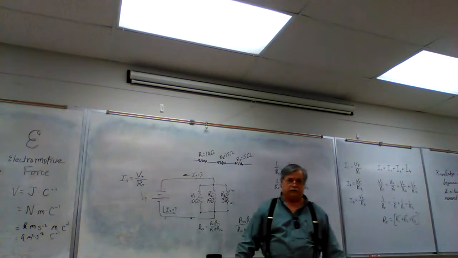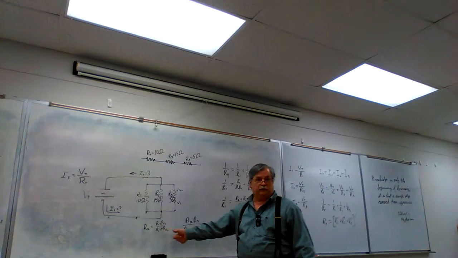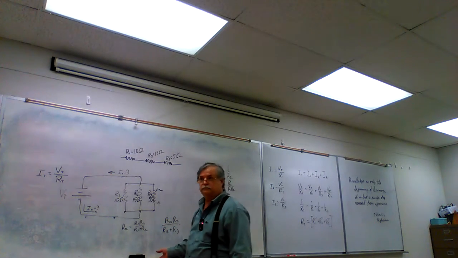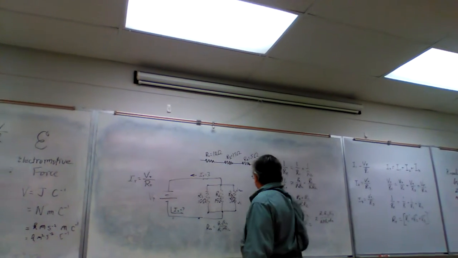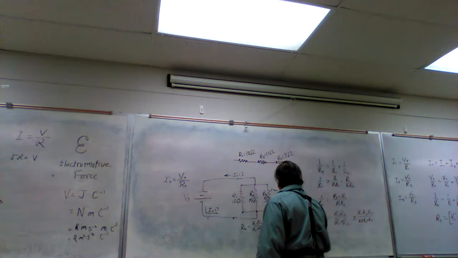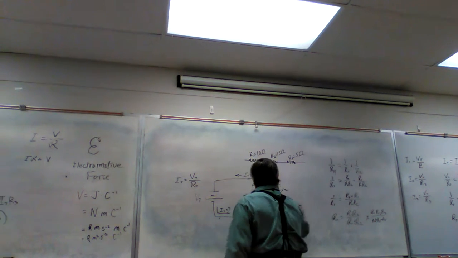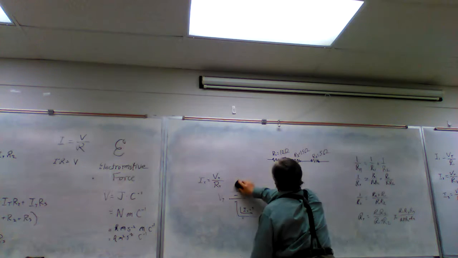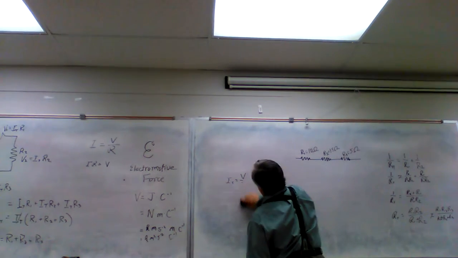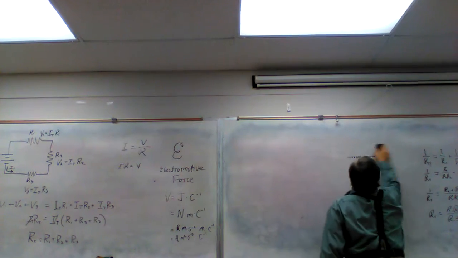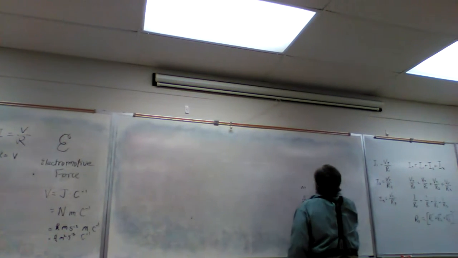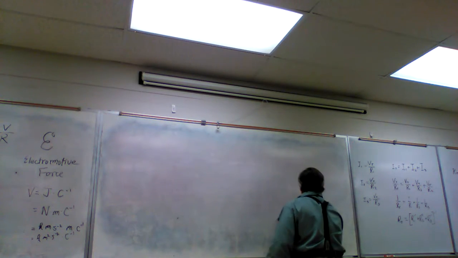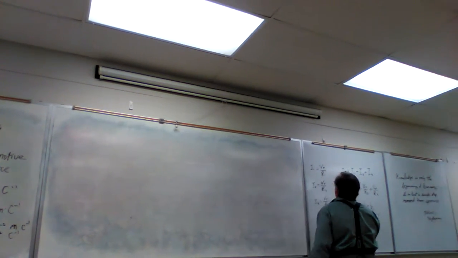Wasn't that a lot faster than doing this repeatedly? Well, it was. So now you know not just how to add resistors in series and in parallel, you know why.